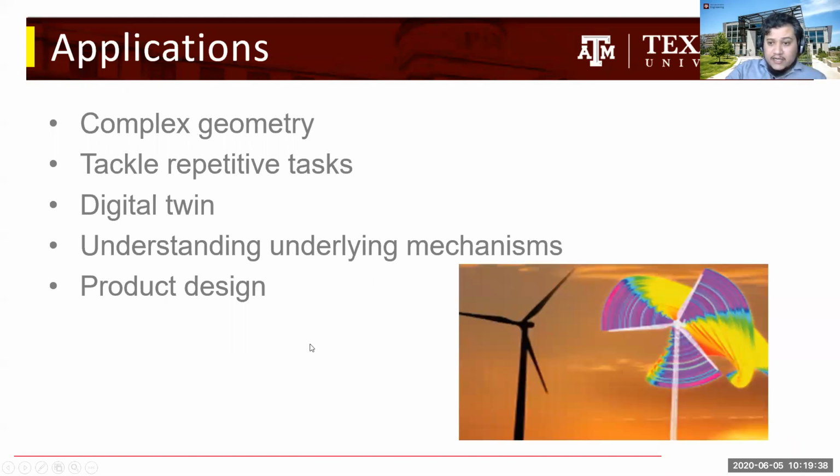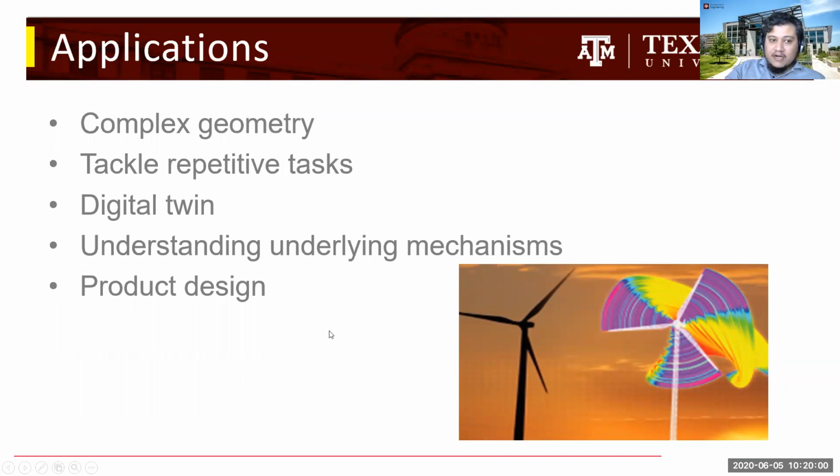Another thing which is pretty well known these days, and people are working a lot on it, is digital twinning. So what does digital twinning mean? Digital twinning means that once we have learned the behavior of a particular system, we try to replicate that system using some FEA techniques or computational techniques.